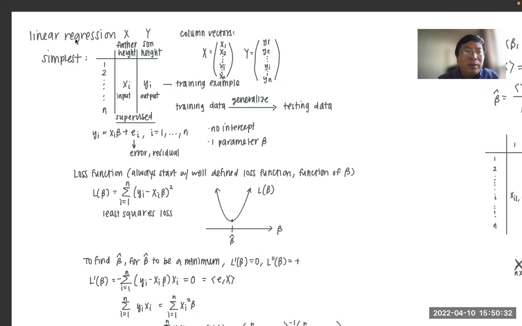So the word regression actually has the original meaning of regression towards the mean. That is, the son's height on average will be less outstanding than the father's height. So it goes closer to the population average.